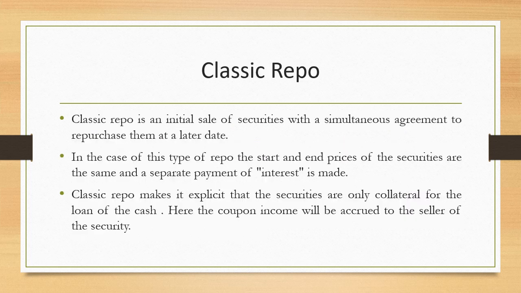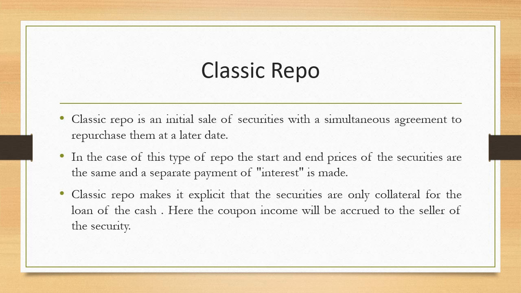Now, apart from buy sell repo, we also have a classic repo. What is a classic repo? It is an initial sale of security with, simultaneously, an agreement to repurchase it. In case of this repo, the start and end price of the securities are the same. So in a buy sell repo, the start and end price is different, but in case of classic repo, they are the same. Only the interest is exchanged.